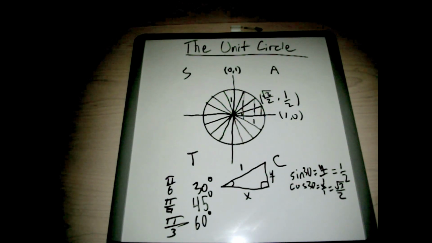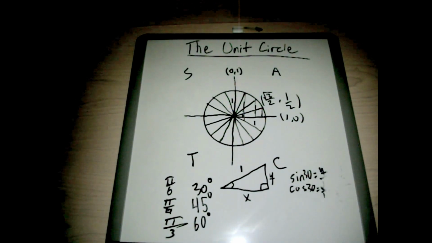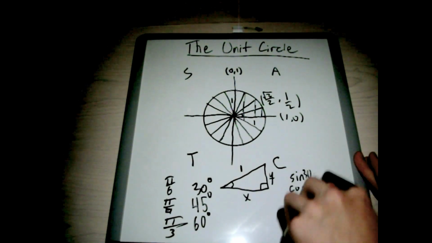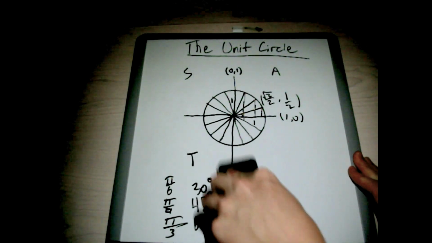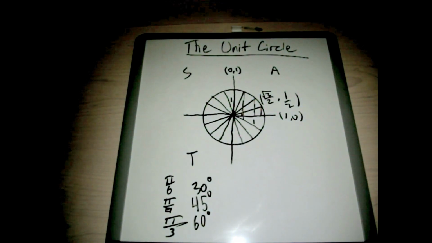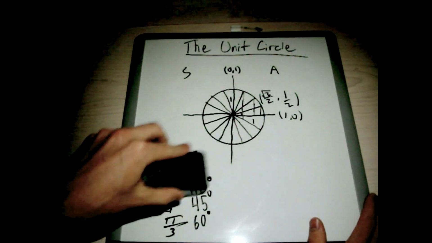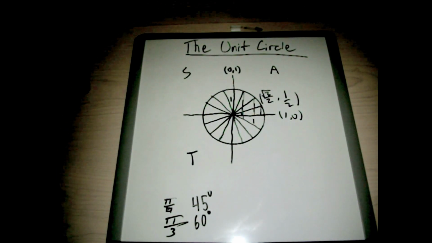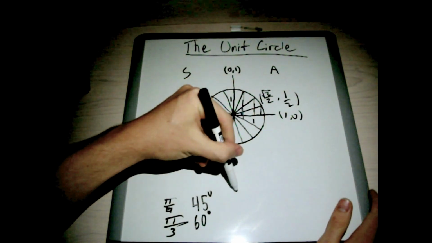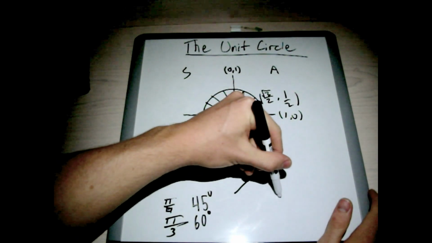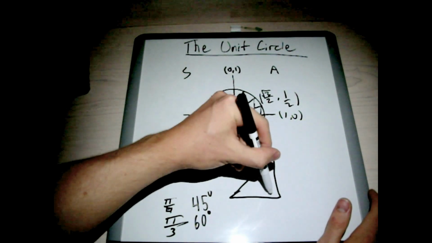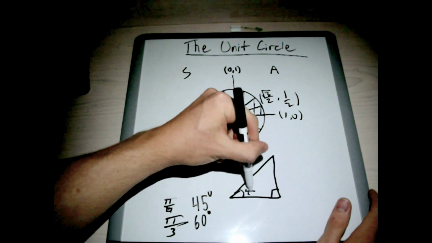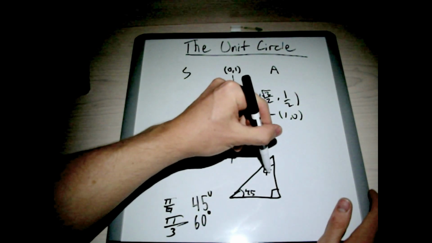Now the next point is 45 degrees. With the 45-degree angle, the only other option for the third angle is also 45 degrees. So we recognize that it's a 45, 45, 90.